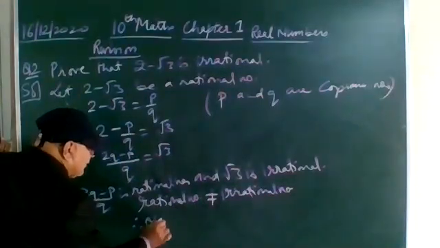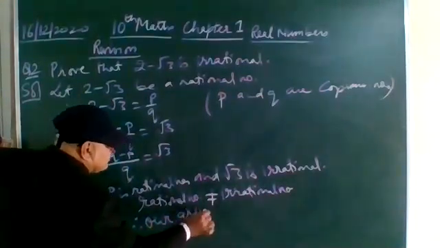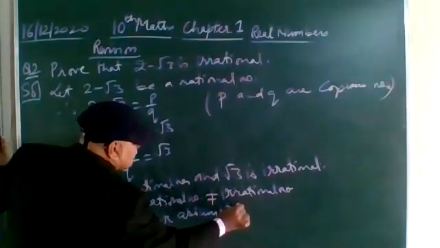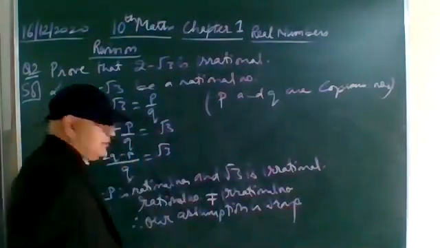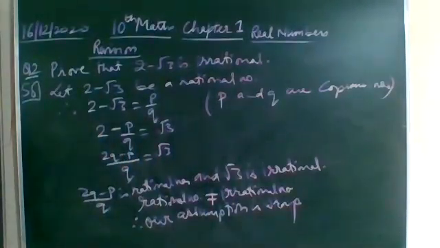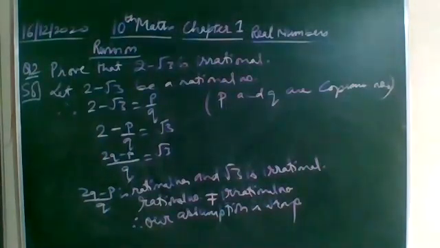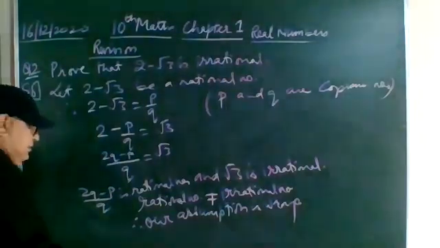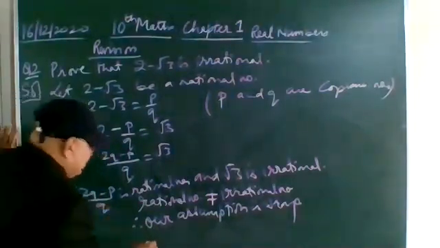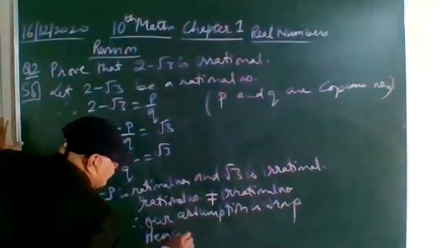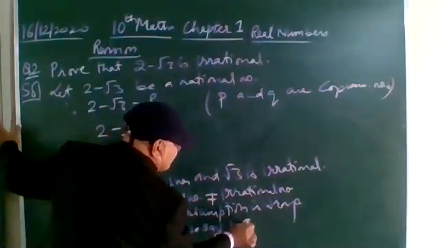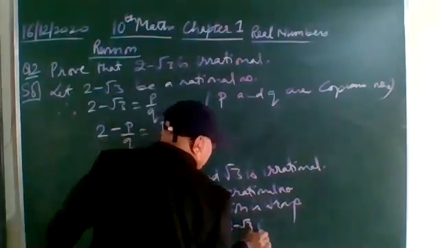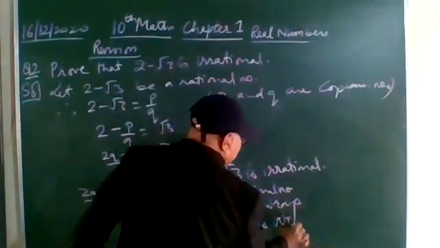Therefore, our assumption is wrong. Hence, we say 2 minus root 3 is irrational.